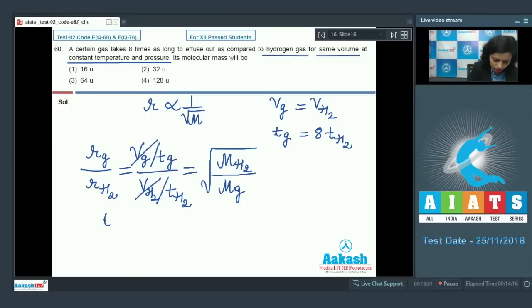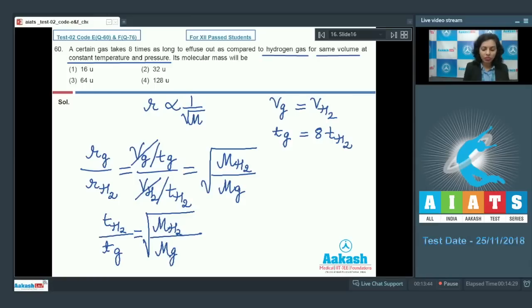And finally we have TH2 upon Tg, and that should be equal to root of molar mass of hydrogen upon molar mass of that particular gas. And what do we need to calculate? We need to calculate the molar mass of that certain gas. So here, we already know that TH2 is Tg upon 8.